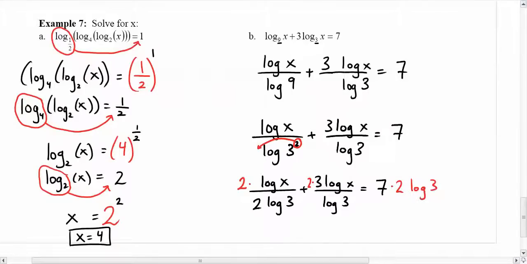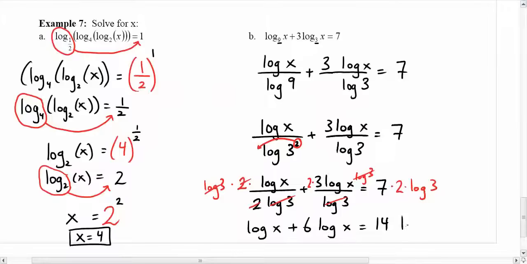Just multiply by everything in the denominator. And at least that gets rid of the denominators. So then the log 3's would cancel, the 2's would cancel, and you get log x plus 2 times 3 is 6 log x equals 14 log 3.